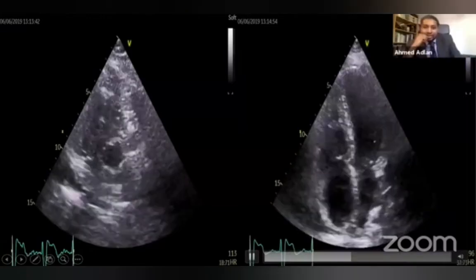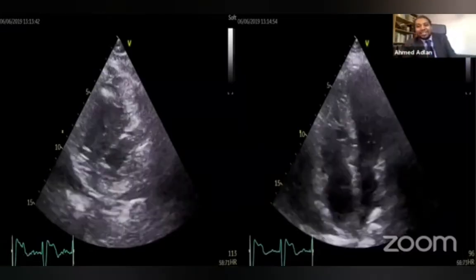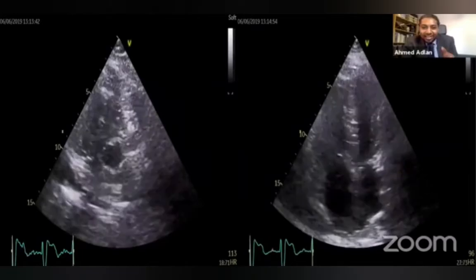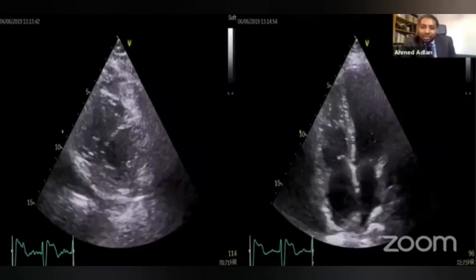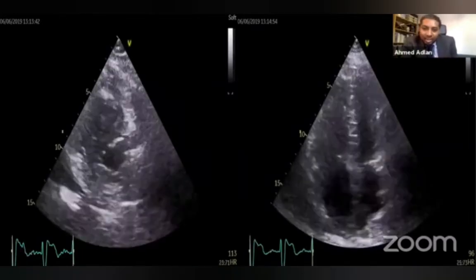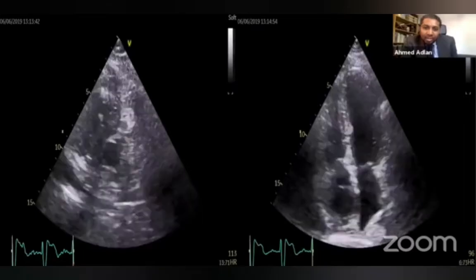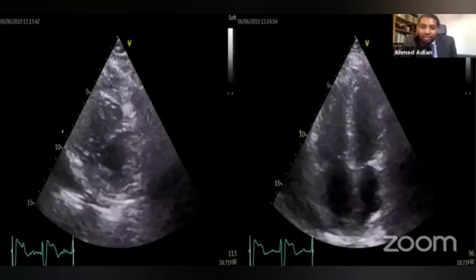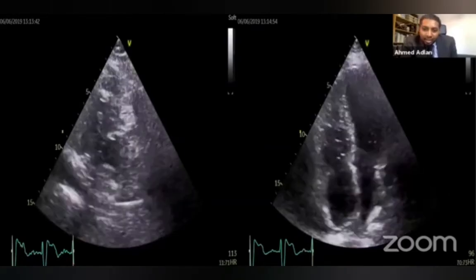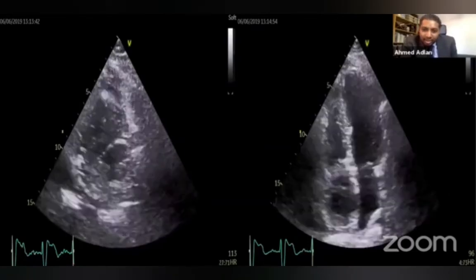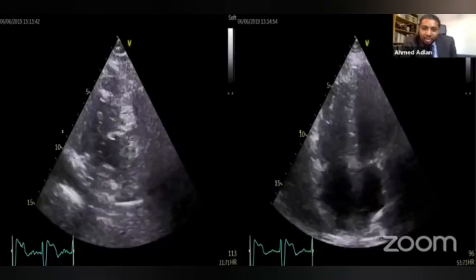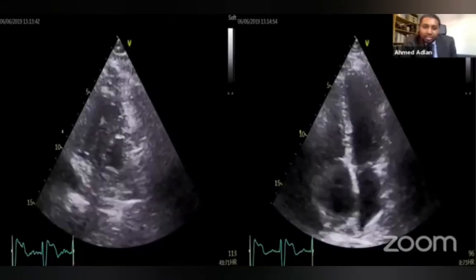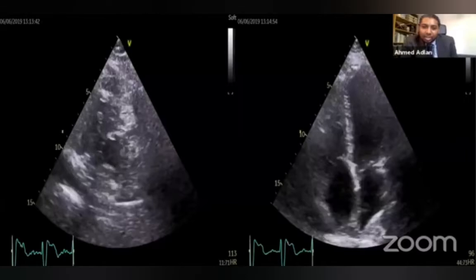I'm not an imaging specialist, but on the right-hand side is the apical 4-chamber view. The main striking feature is that the right heart appears to be larger than the left, so the right ventricle is dilated. In the right atrium, there is some bulging into the left atrium, suggesting increased right-sided pressures.